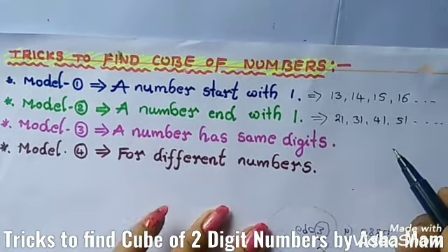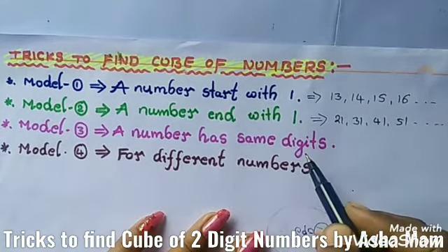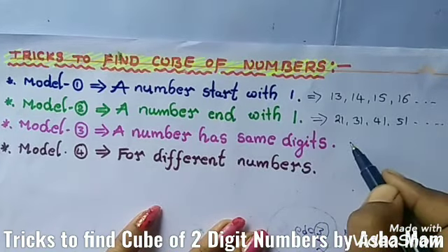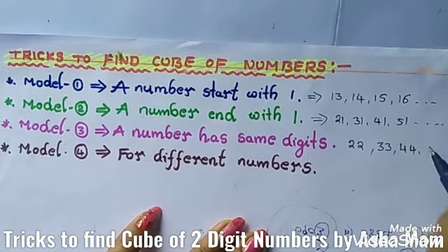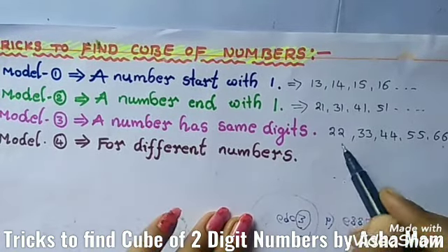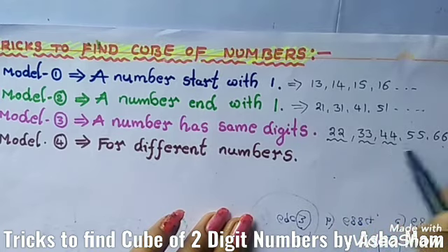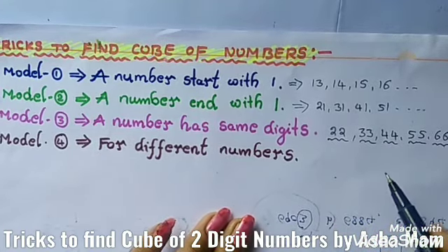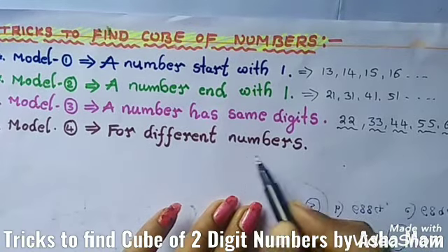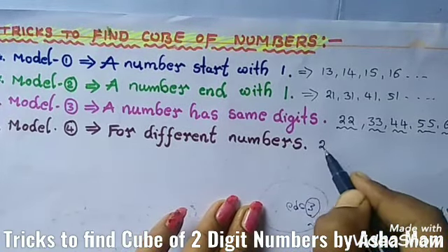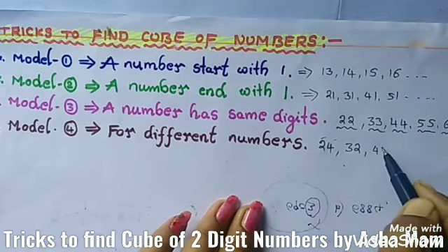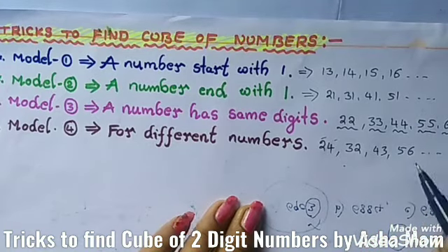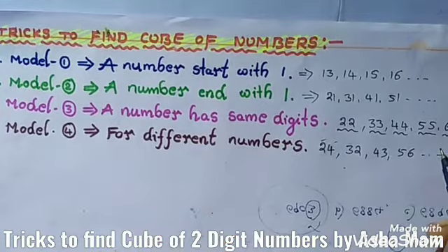In model 3, a number has the same digits, for example 22, 33, 44, 55, 66 and so on. And coming to model 4, any different numbers, for example 24, where 2 is different and 4 is different, and 32, 43, 56, like that.